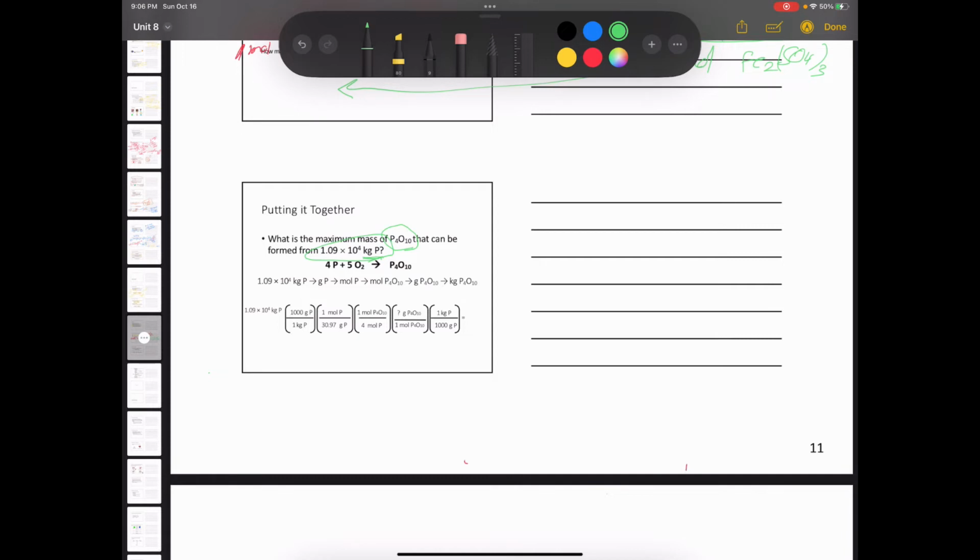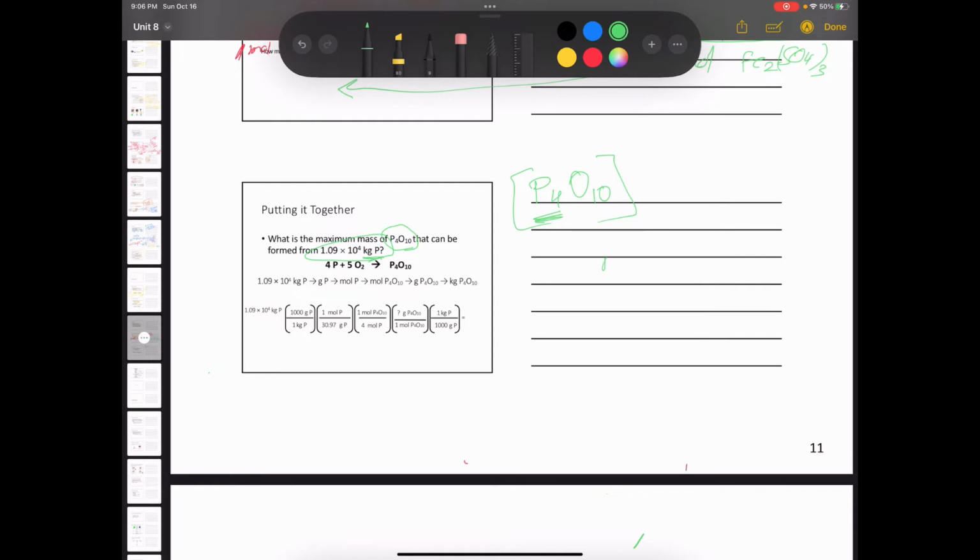Now we are going to take advantage of the relationship of the phosphorus within the phosphorus oxide. And we know there are 4 moles of phosphorus within the phosphorus oxide. Okay?